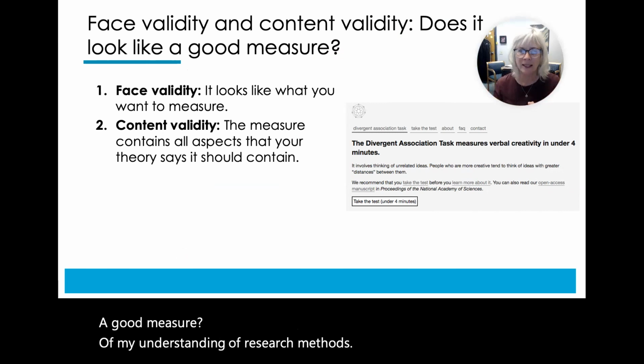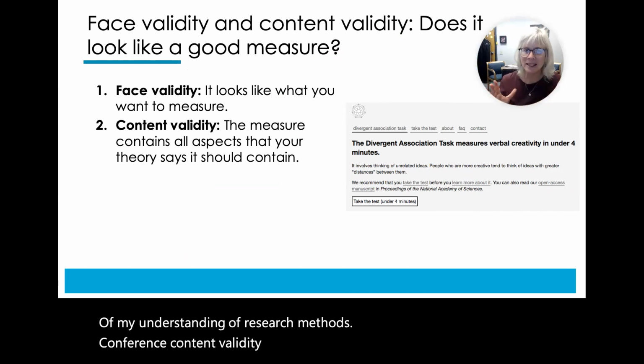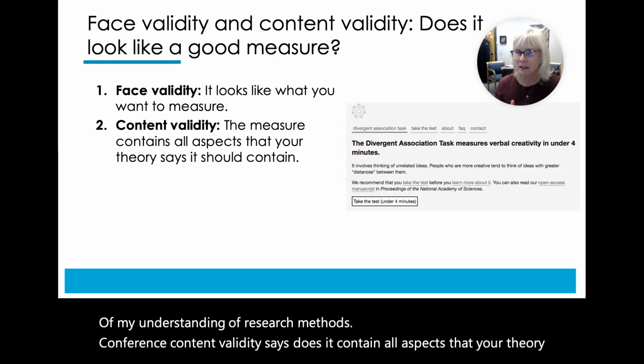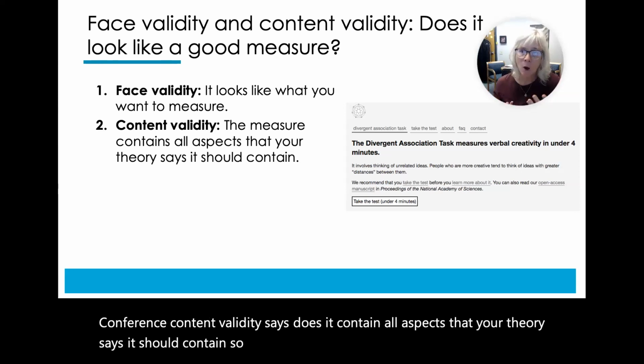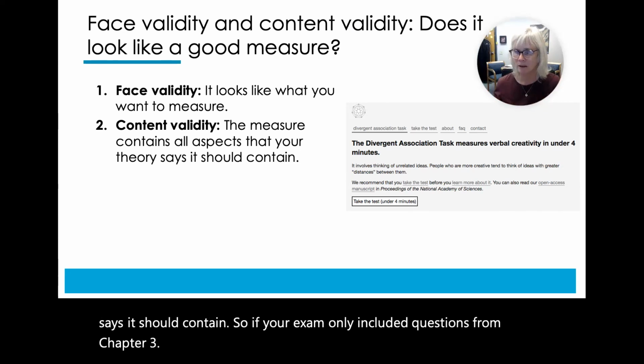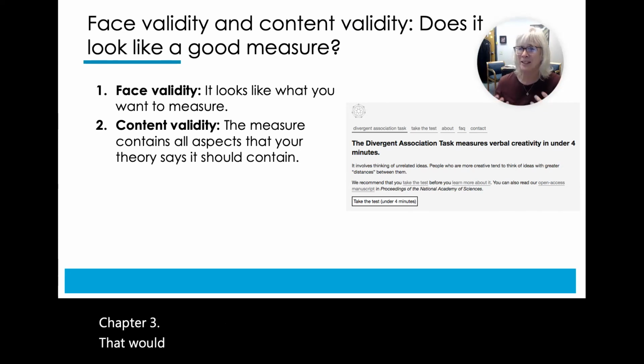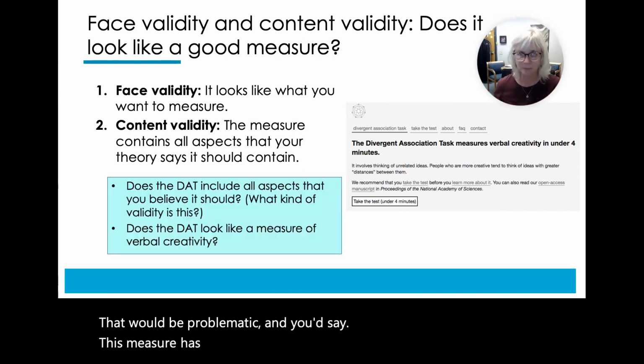Content validity says, does it contain all aspects that your theory says it should contain? So if your exam only included questions from chapter 3, that would be problematic, and you'd say this measure has low content validity. Think about the DAT.